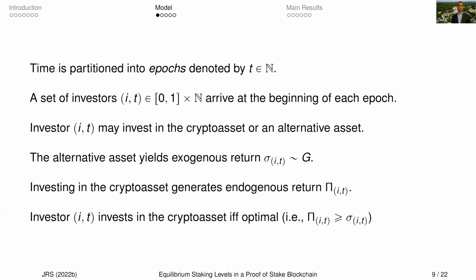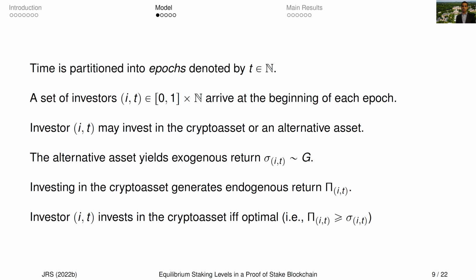We're going to model the yield, the return on the alternative asset, according to an exogenous distribution without loss of generality. Crucially, the return that you get from investing in the base crypto asset of the proof of stake blockchain is endogenous.